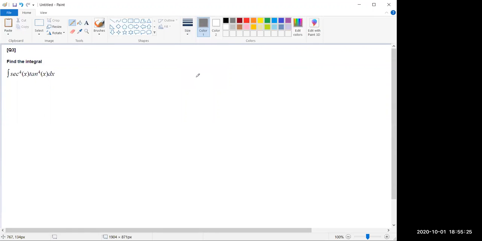Break apart secant squared. So you want to break the secant to the fourth as secant squared? Okay. Let's see what happens if we do that.